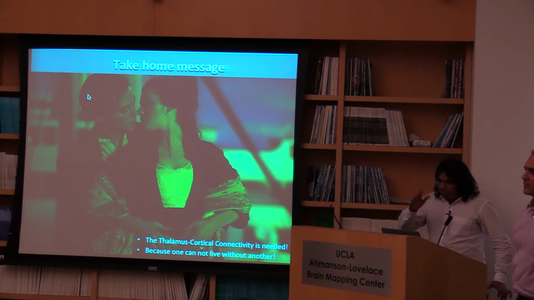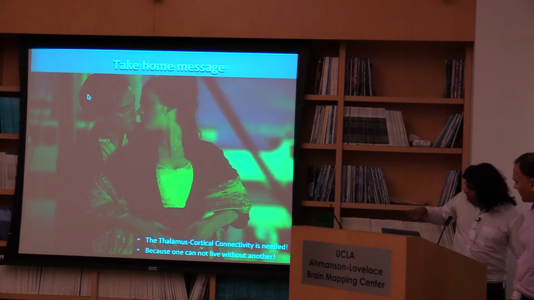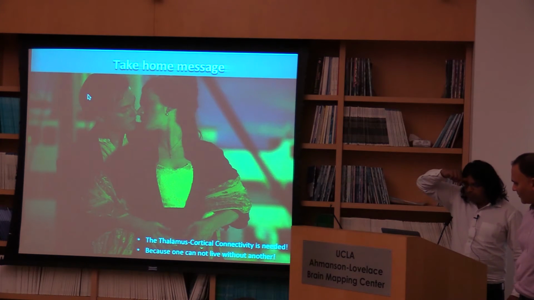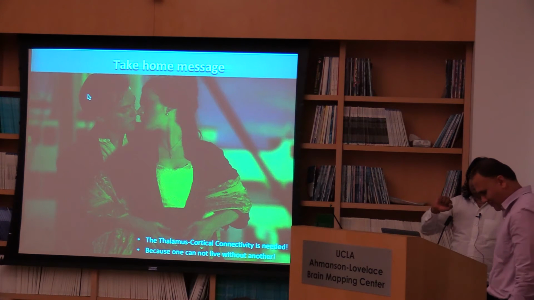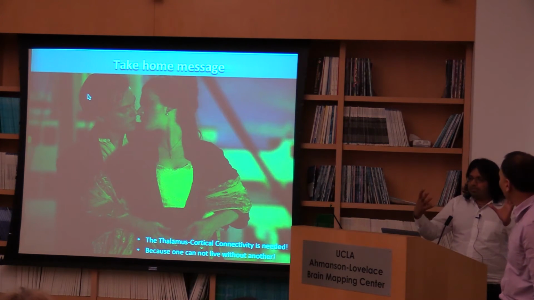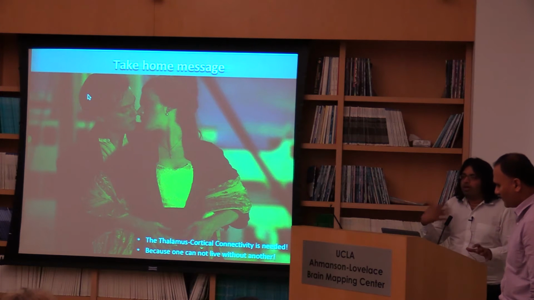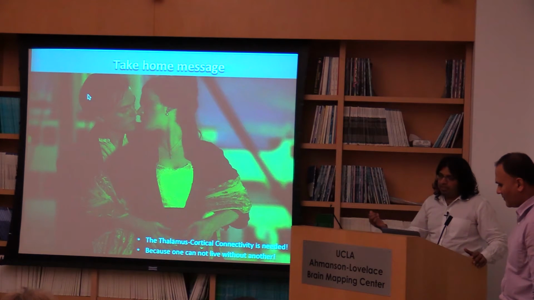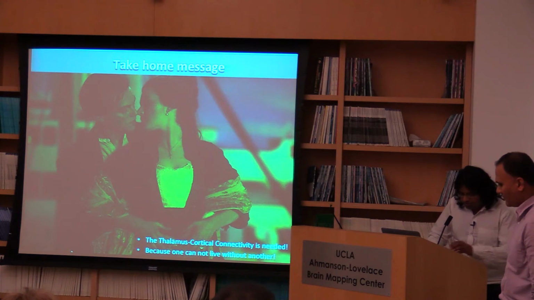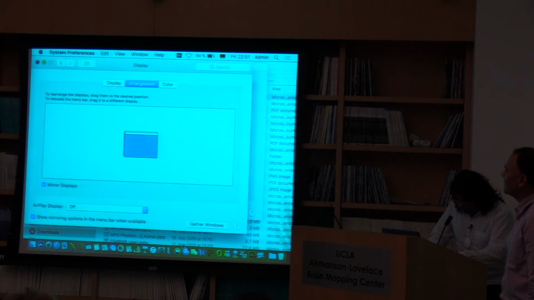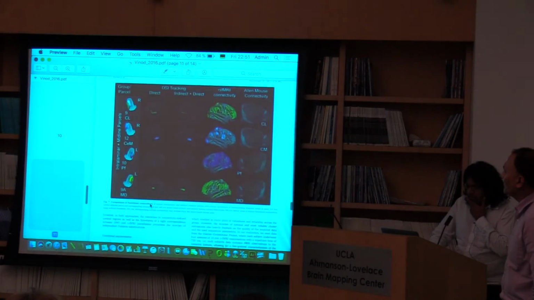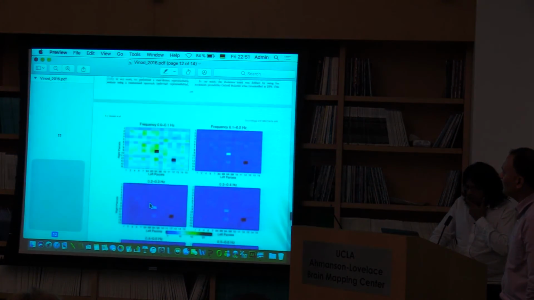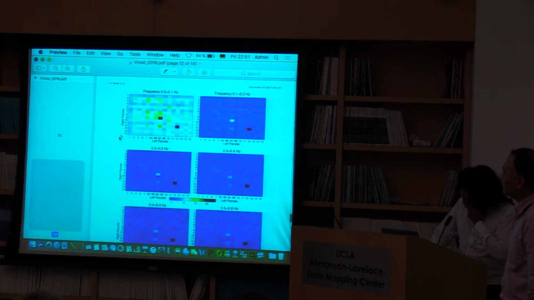Extremely interesting. When we published the other functional parcellation paper, a reviewer asked us to look at these parcels and their coherence, like the correlation in the frequency domain. Sorry, I didn't put it in the PowerPoint.